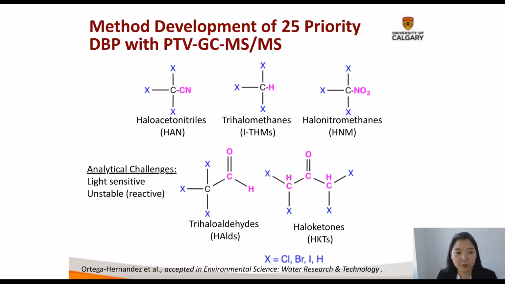These 25 priority DBPs include halocyanonitriles, so again, there's a cyano functional group attached to this compound, triiodo trihalomethane, so there's an iodide in one of these X's, halonitromethanes, trihaloaldehydes, and haloketones. The other thing that we found challenging with these compounds is that they're light sensitive and also unstable, or they can be very reactive.